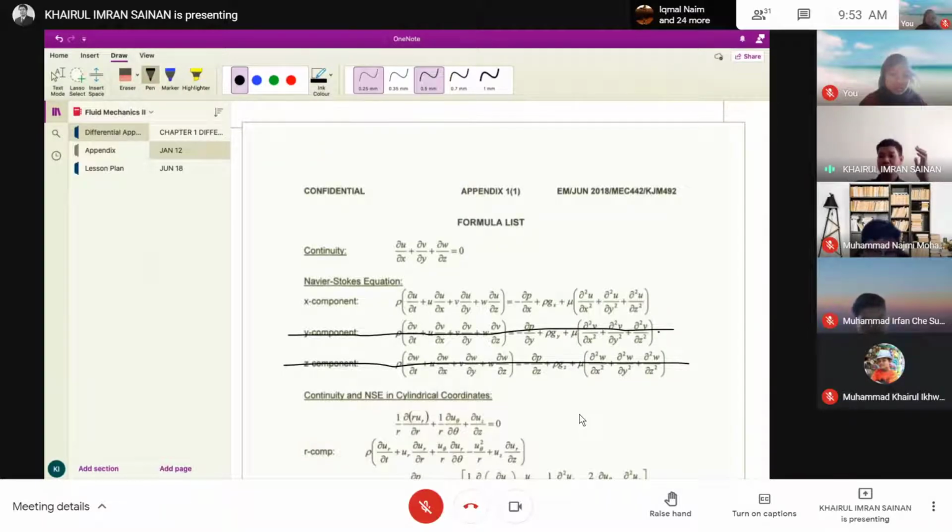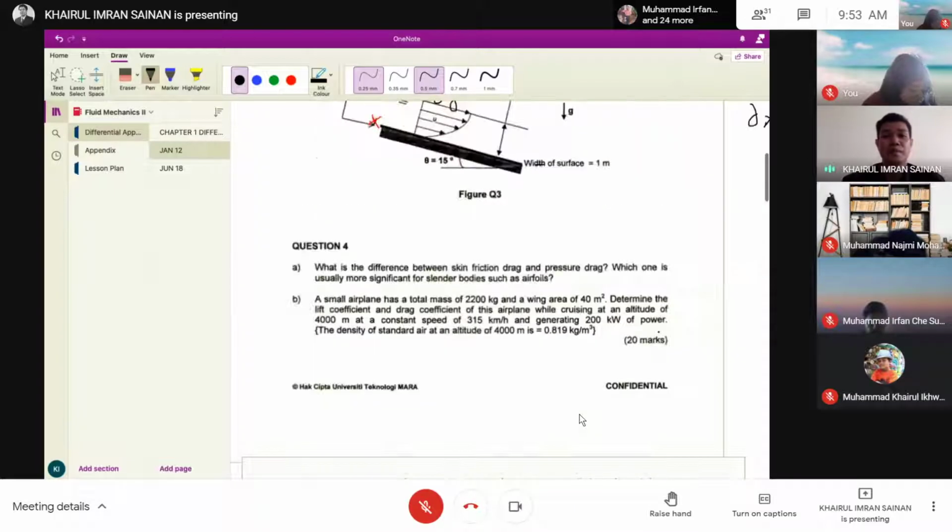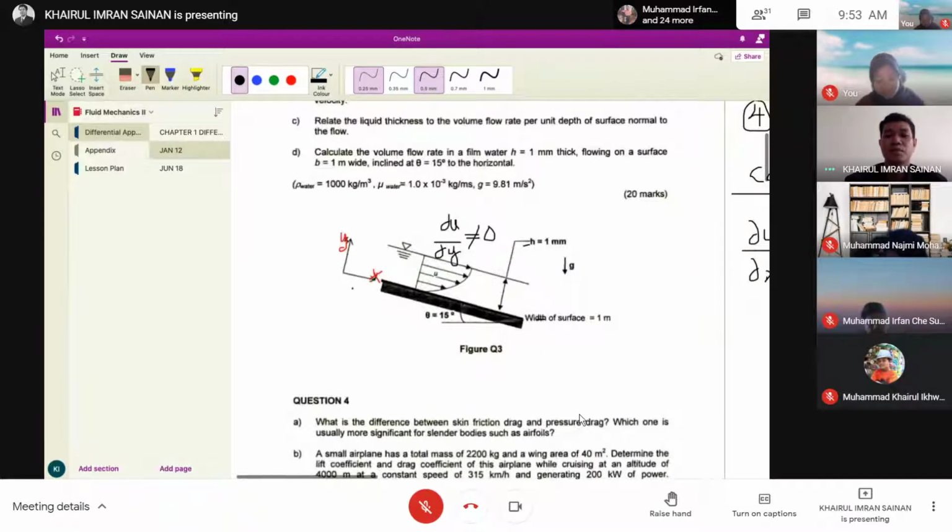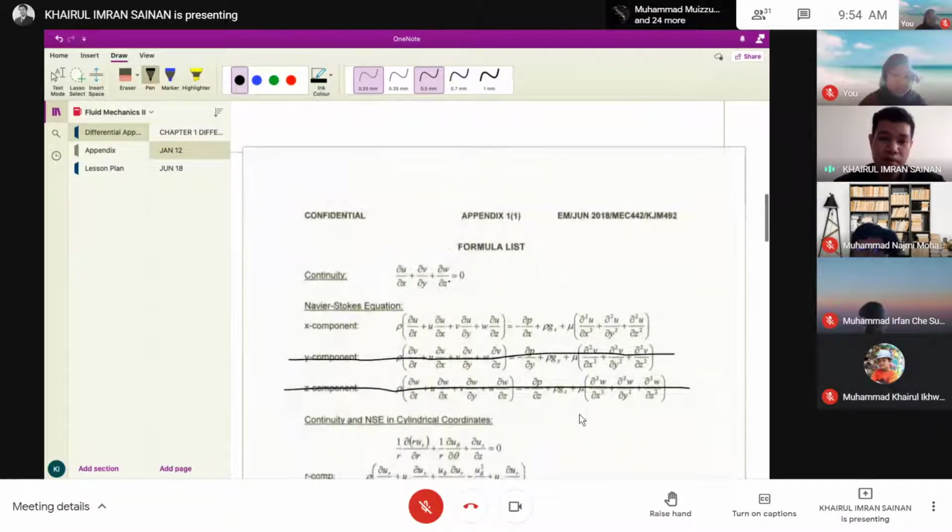So what happened is the answer is wrong. For a vertical or horizontal problem, it's clear. But sometimes you make a mistake on this. Okay. Very good, Najmi. So we only have the U component, almost similar to what we did previously.